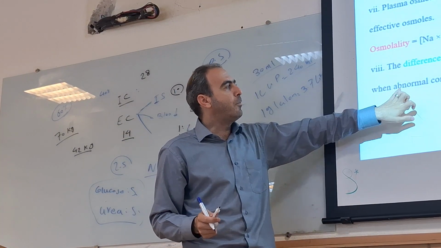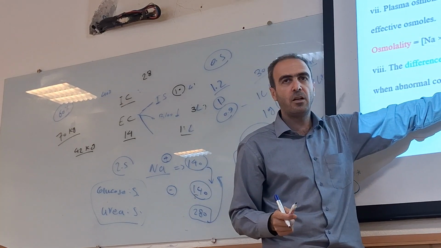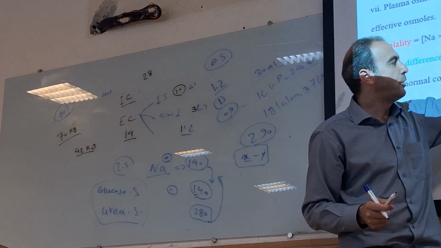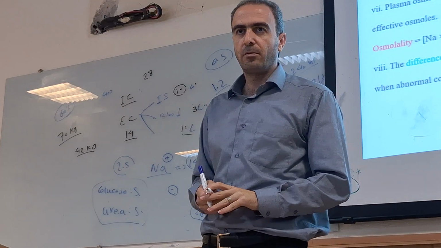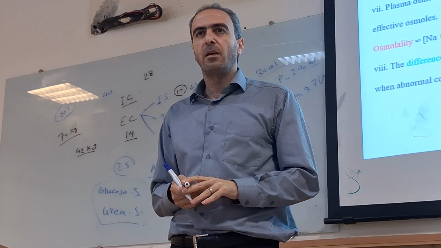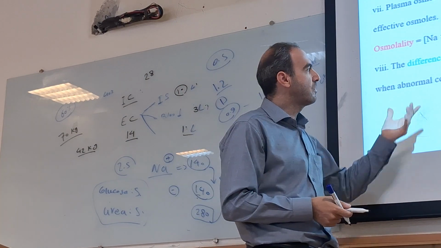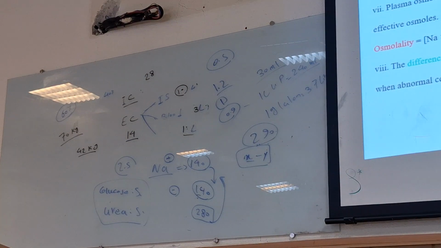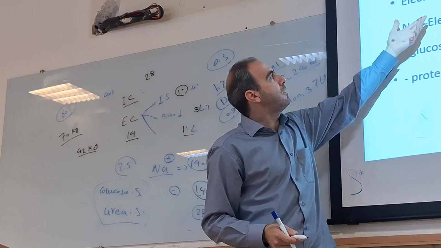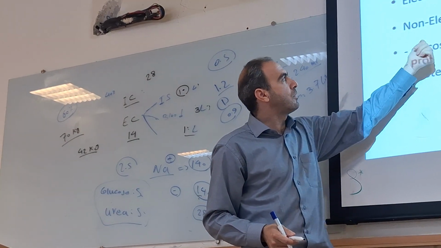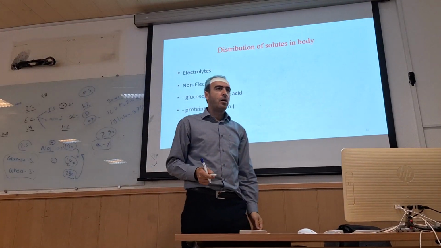When abnormal situations occur, like a lot of ethanol, mannitol, neutral and cationic amino acids, they lead to an osmolar gap. So the osmolar gap is a problem. The main factors for osmolality are electrolytes and non-electrolytes. Non-electrolytes include glucose, urea, uric acid, and protein, especially albumin in plasma.